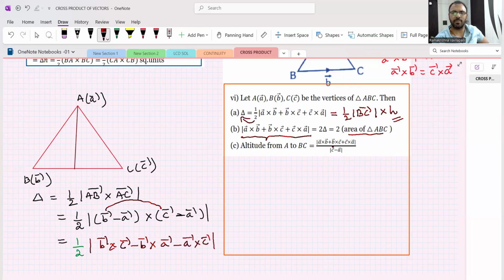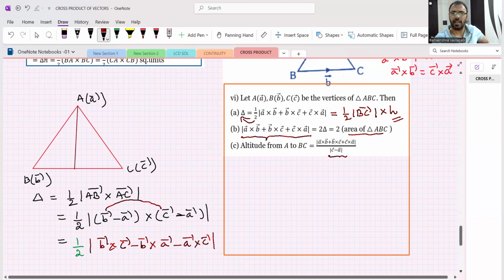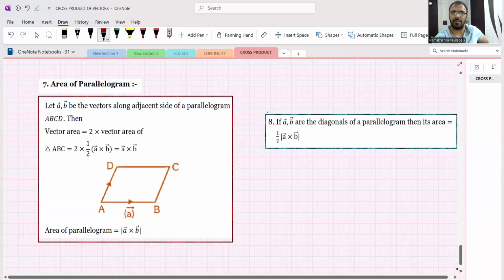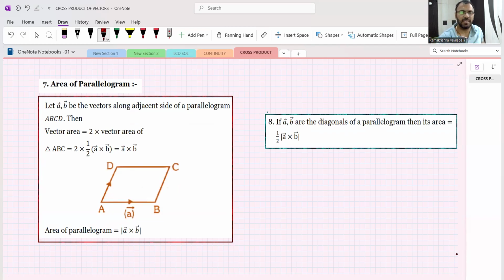H is equal to modulus of A cross B plus B cross C plus C cross A, divided by modulus of C bar minus B bar. This is the altitude from A. So this is the area of triangle ABC. Now, what is the area of a parallelogram? It is very, very important. So take the adjacent sides of a parallelogram as A bar and B bar.